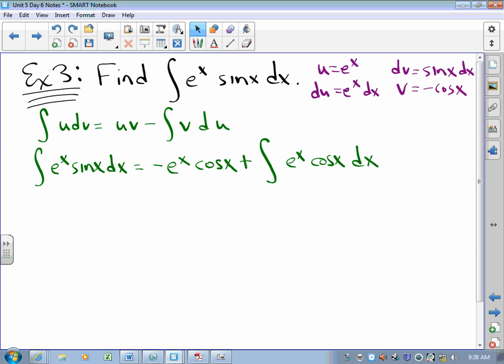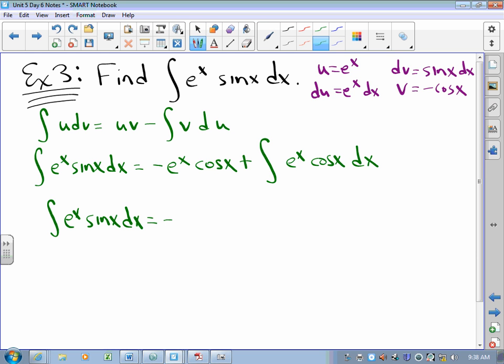Well, no. But it doesn't look harder to do than the first one. So I'm going to try again. I'm going to say the integral of e to the x sine x dx is negative e to the x cosine x plus, and I'm just going to pray and give this another go.